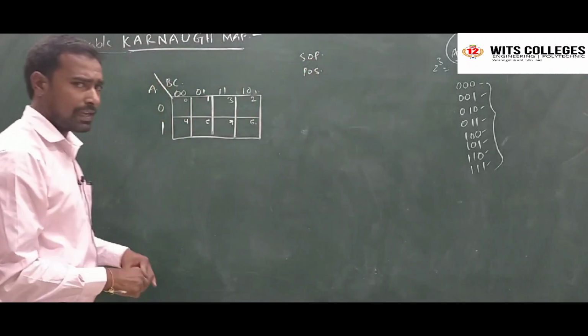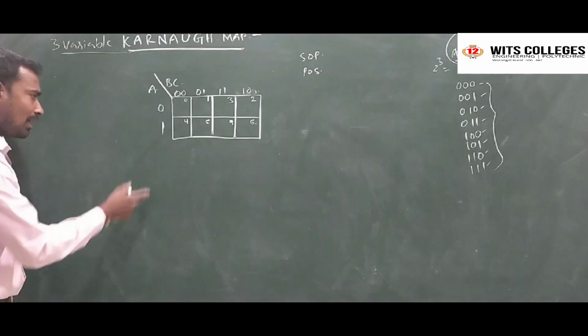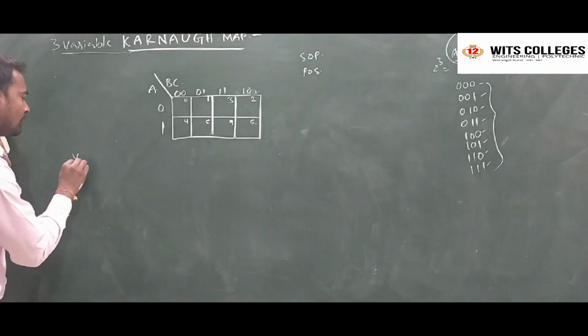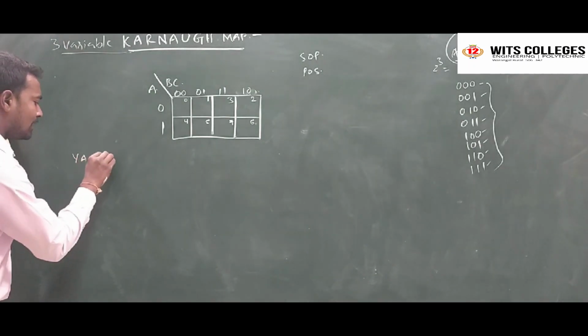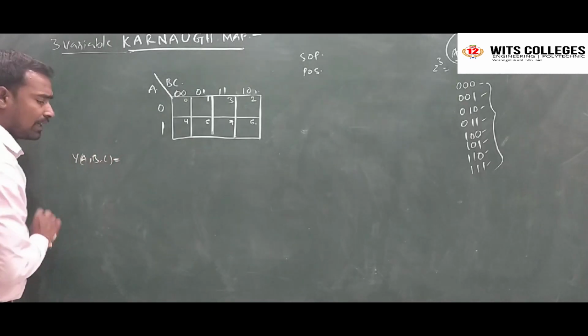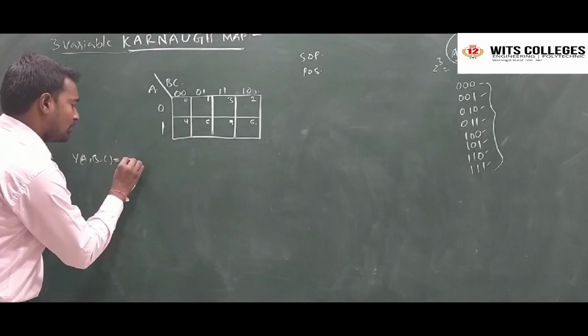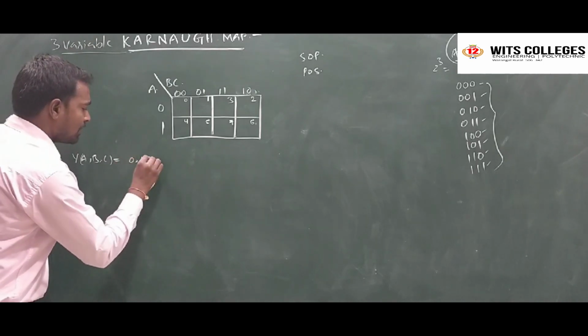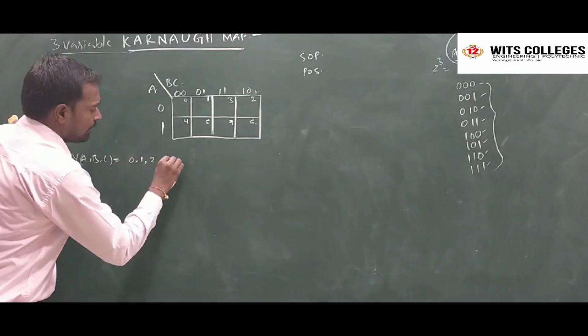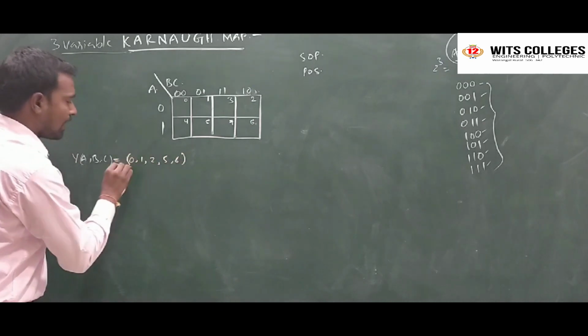Take it as an example. Find out, or simplify, the Boolean expression y of a comma b comma c, where the terms are 0, 1, 2, 5 and 6.